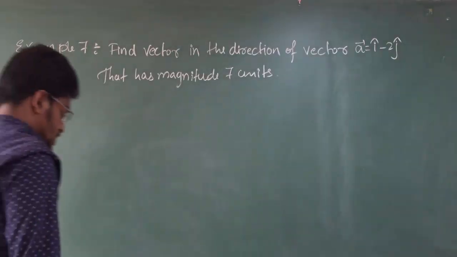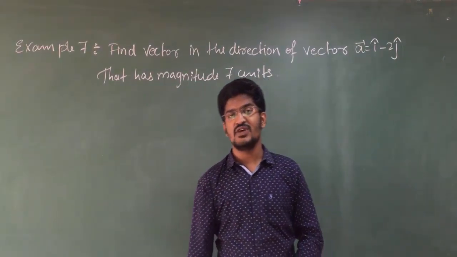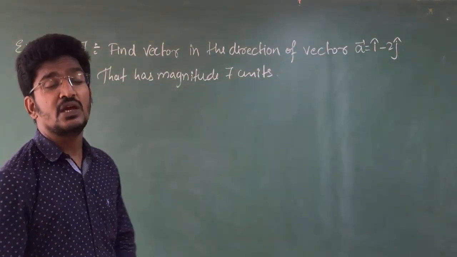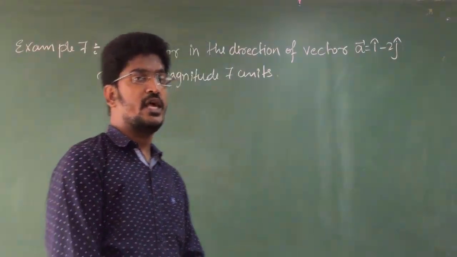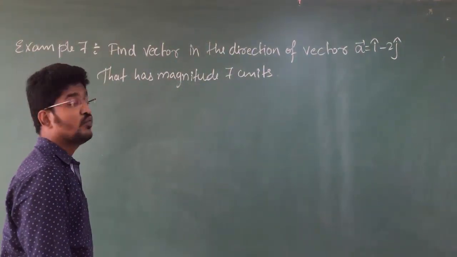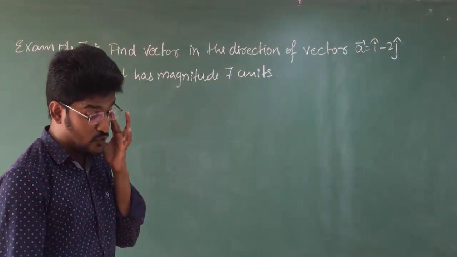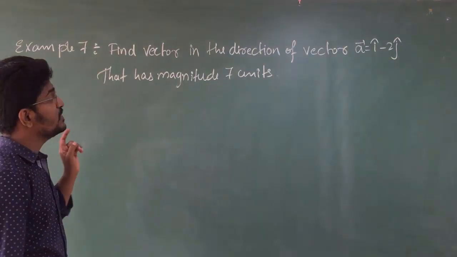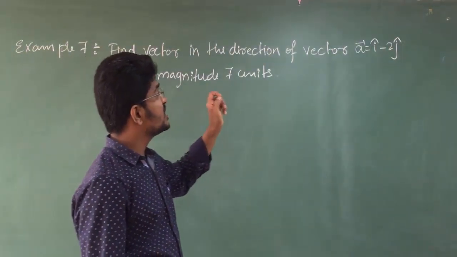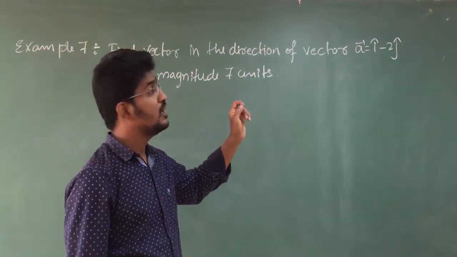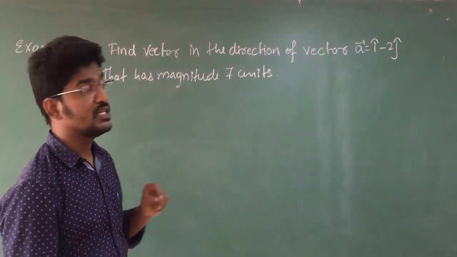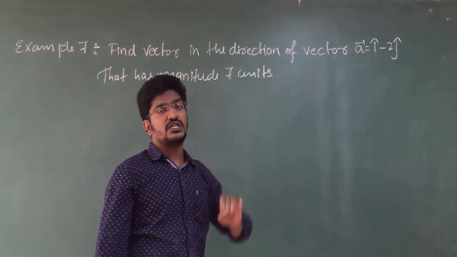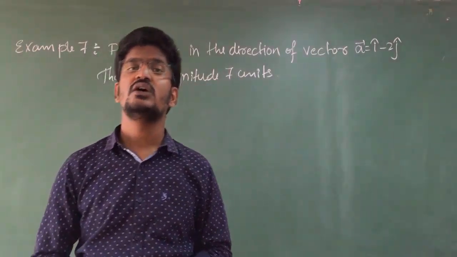Okay students, let us solve the 7th question. Let us first see what the question is here. Clear? Find vector. That means they are asking to find a vector. Which type of vector? Find the vector in the direction of given vector A equal to i cap minus 2j cap that has magnitude 7 units.